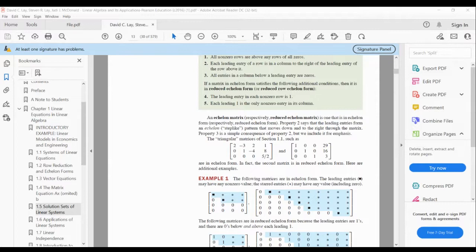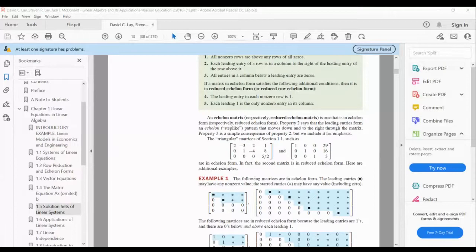So basically, reduced echelon form of a matrix is unique. If you get the matrix in reduced echelon form, you can't break it down anymore. And so when we solve systems of equations, we get it in echelon form to help us determine if a solution is possible.